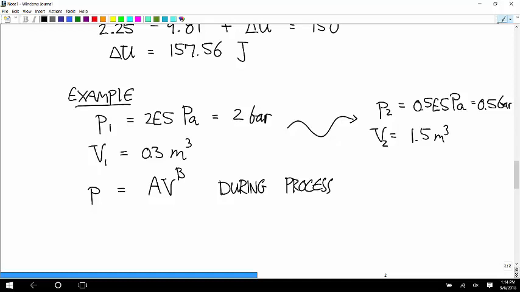But the idea is that things are happening slowly enough that you can imagine at every instant you're in equilibrium. You could stop there and nothing would change about the pressure or the volume. And we want to know first, what's W? And second, like with all of these, does the sign make sense?